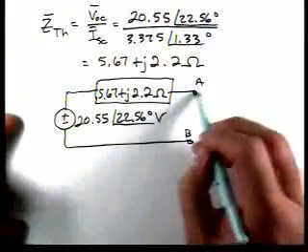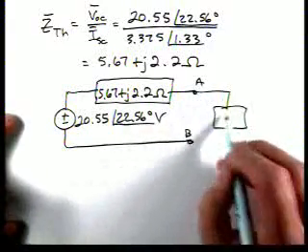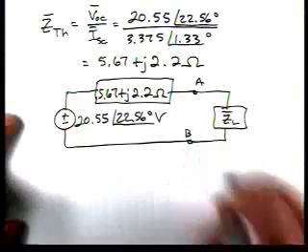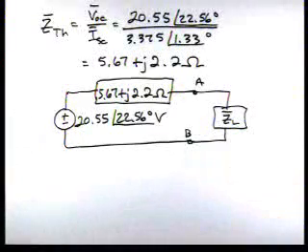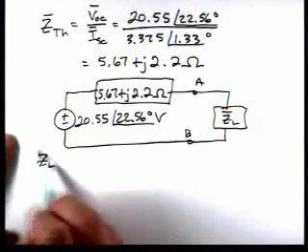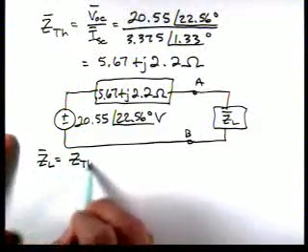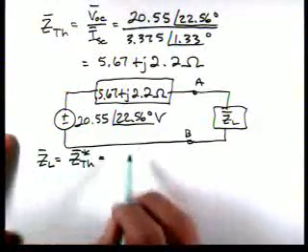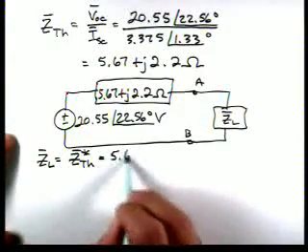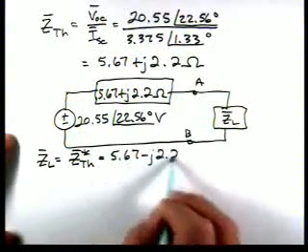Now we hook up Z sub L. By our problem solving strategy on maximum average power transfer, we want to set ZL equal to Z Thevenin conjugate. So we would want it to be 5.67 minus J 2.2 ohms.